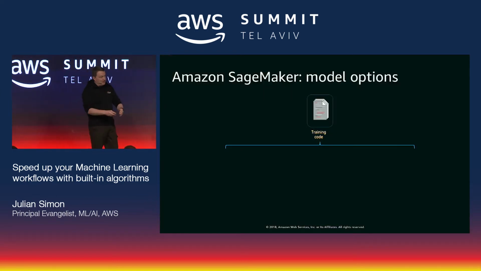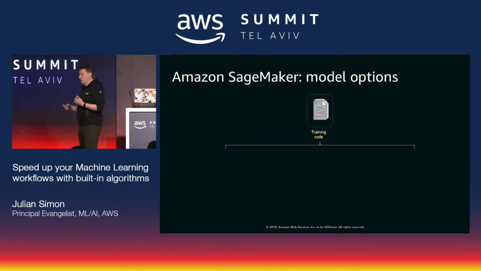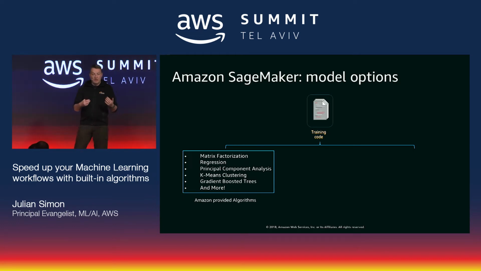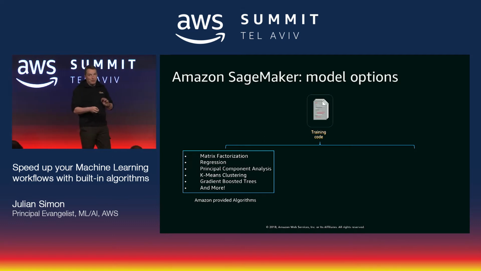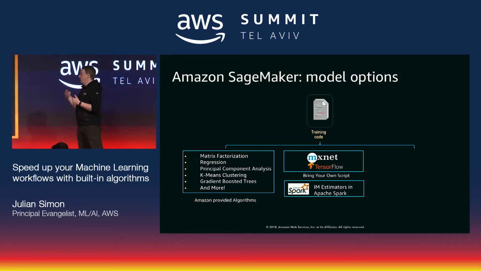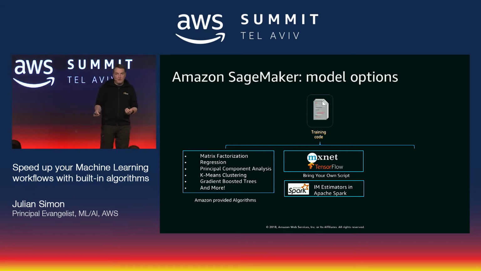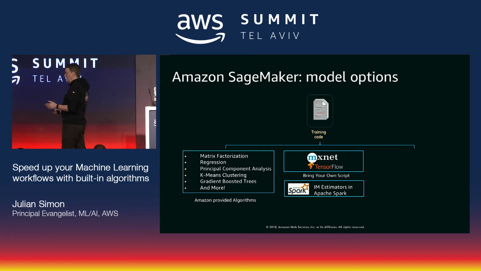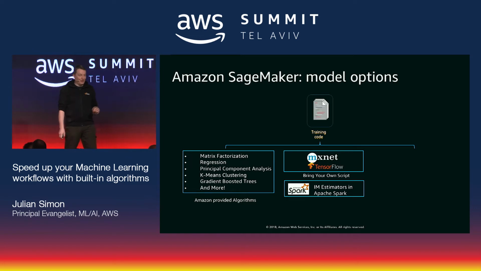If we zoom in on your algo and model options when it comes to using SageMaker, once again, you can pick from a list of built-in algos, and these are the ones I'm going to talk about today. But please be aware that you can also bring your own training code for MXNet and TensorFlow, and my colleague Guy Ernest has a session later this afternoon on TensorFlow, so I think he's going to dive quite deep there.